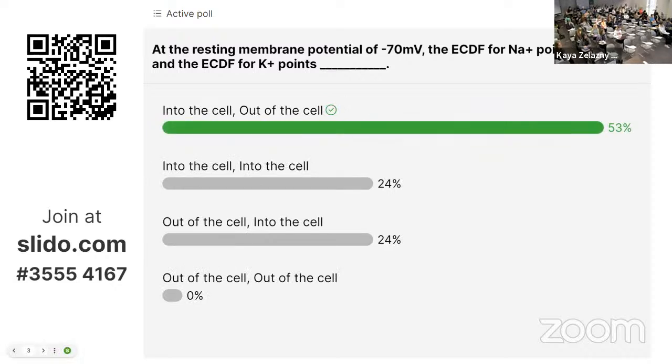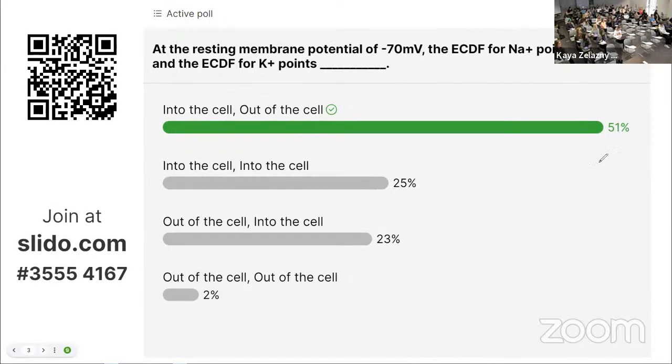Okay, great. So half of us about are on the same page right now, so let's talk about that. So what we were looking at, we had our resting membrane potential, Vm, equals -70 millivolts.